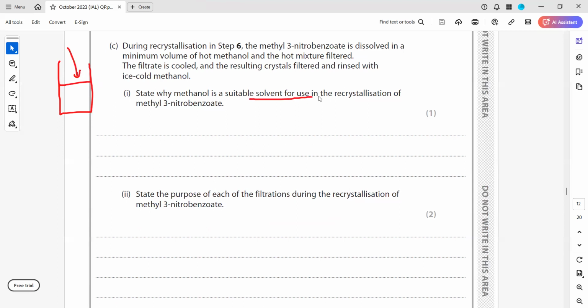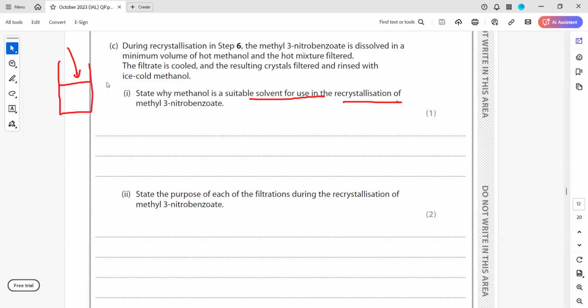So why do we select this for recrystallization? Because of the change in solubility with temperature. The methyl 3-nitrobenzoate will be more soluble at high temperature in methanol, and it will be less soluble at low temperature. Why don't we have to write about water here? Because they did not ask why water is not used.